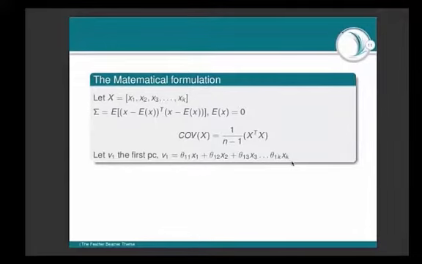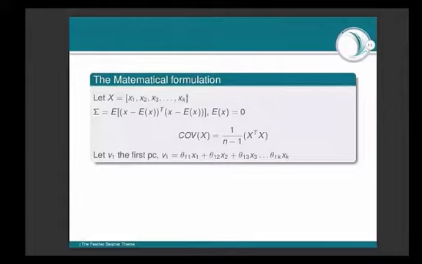Okay, mathematical formulation. Let X equal to x1, x2, x3 until xk be an n times k data matrix with n observations and k features.